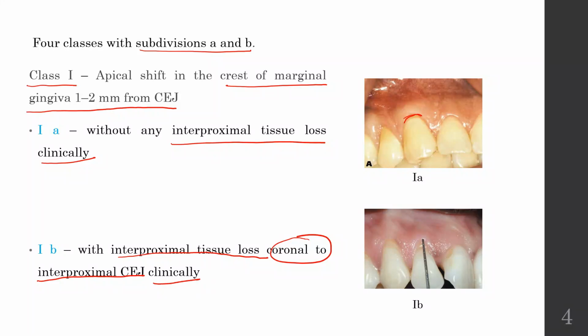So here you can see that this is the interproximal CEJ point basically, and this is the gingival margin. Okay, so it is coronal to the interproximal CEJ. So that is always class 1A and class 1B.